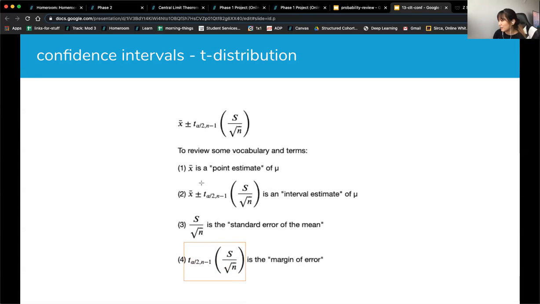This is your margin of error, which is this part, which is this part. That is your margin of error. Your margin of error is actually taken by your t-statistic, and I will only talk about the t-statistic tomorrow. But you can see here we also have embedded our standard error. So those all make up the formula for constructing a confidence interval.